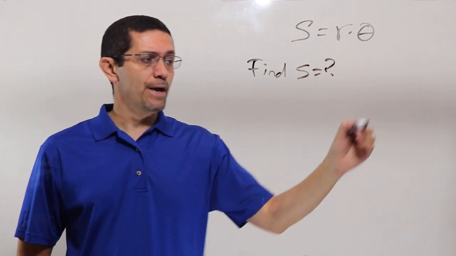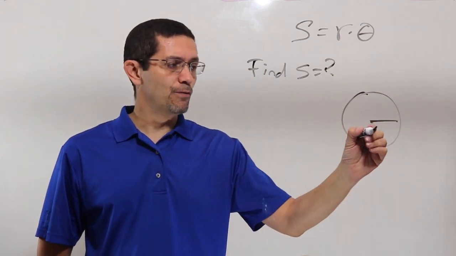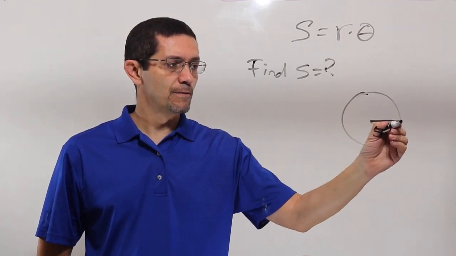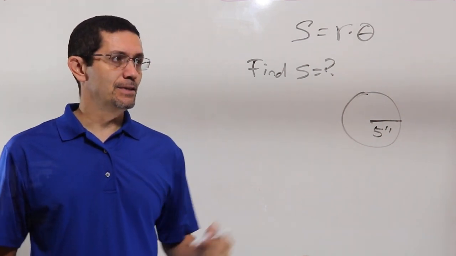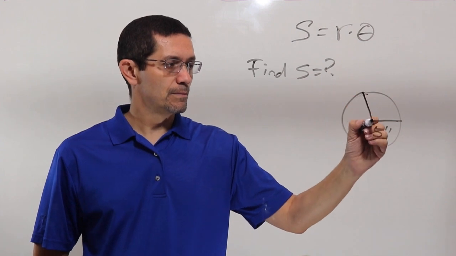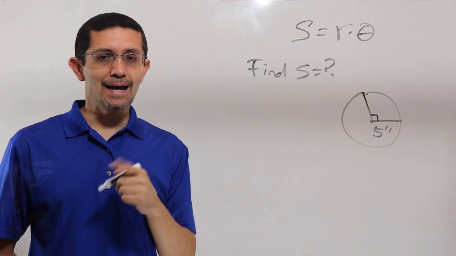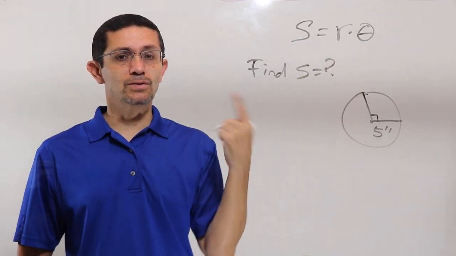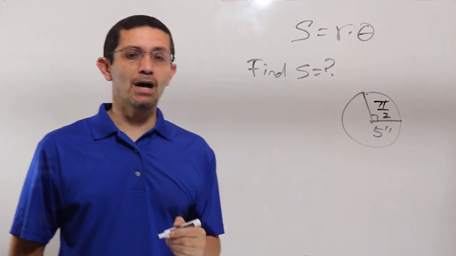When they give me a circle and the radius is 5 inches, that's my radius. Okay, and the angle is 90 degrees. But again, I have to keep those angles in terms of pi radians. So 90 degrees is pi over 2.